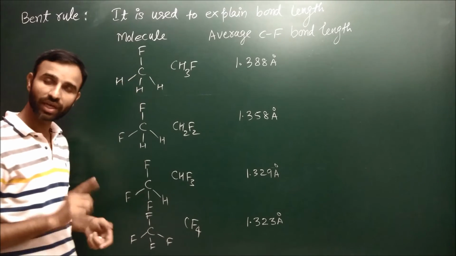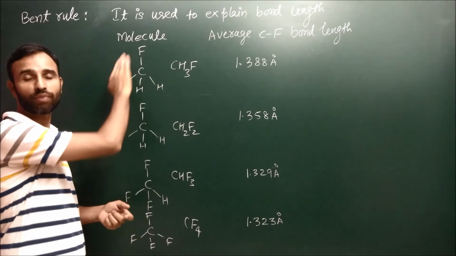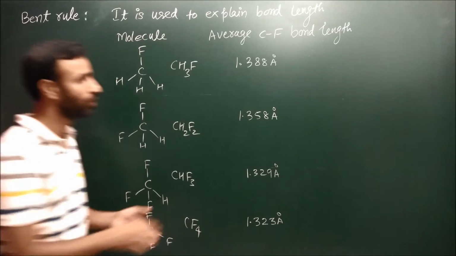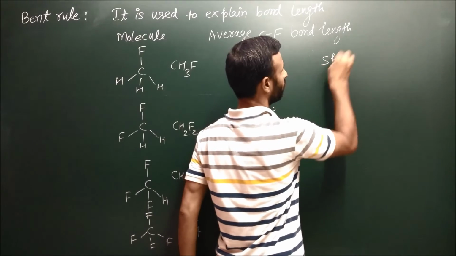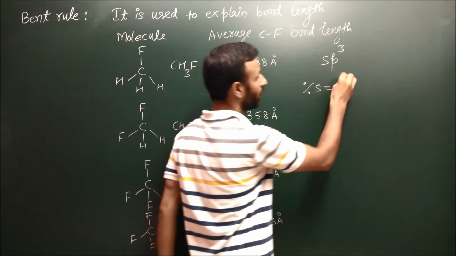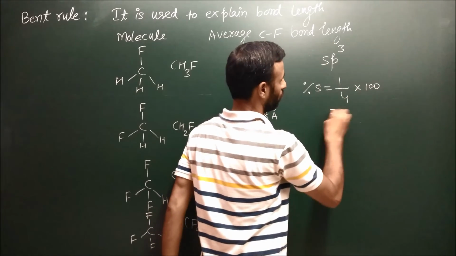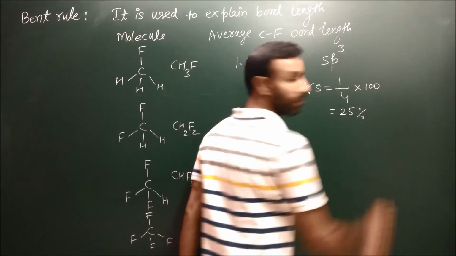Though it is sp3 hybridized, but S character is not 25% in all of these. You know, in sp3, what we do? Percentage of S character is, S is 1, total 4 into 100, so 25%.